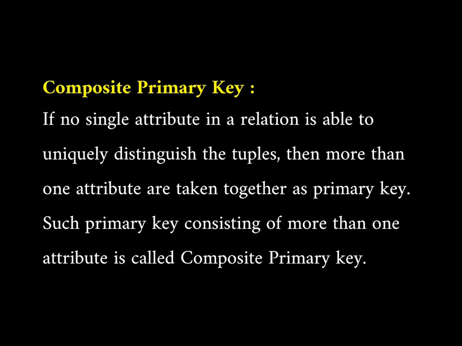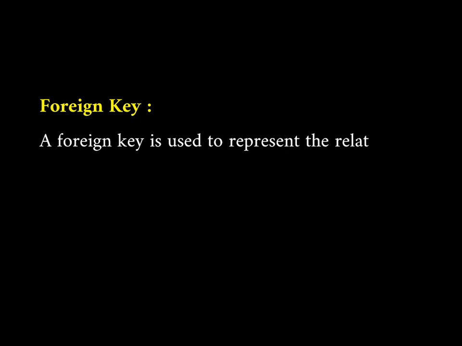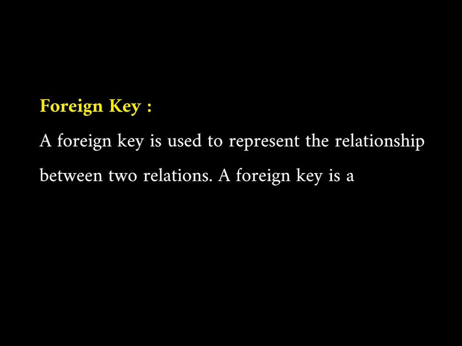Then what is a foreign key? A foreign key is used to represent the relationship between two tables. A foreign key is an attribute whose value is derived from the primary key of another relation.